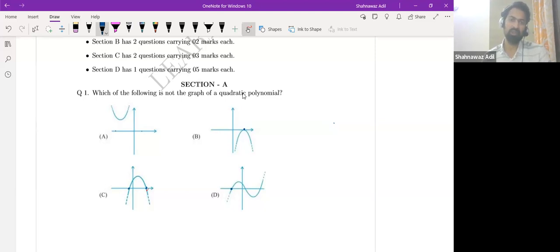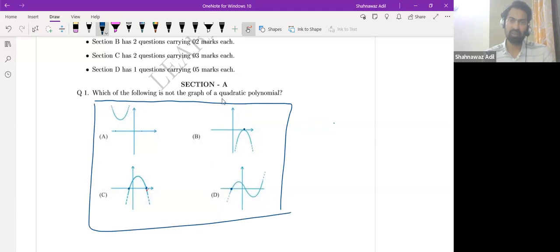So when I talk about the graphical representation of the zero, then this question would be discussed. But we know that we have a quadratic polynomial, so what would be the maximum number of zeros? There would always be a maximum of 2, right?